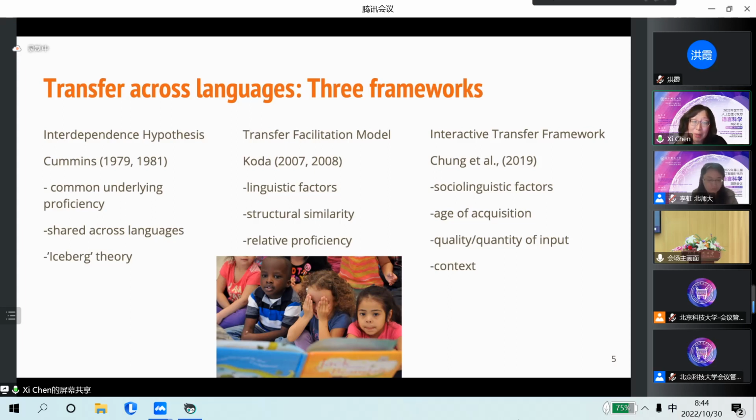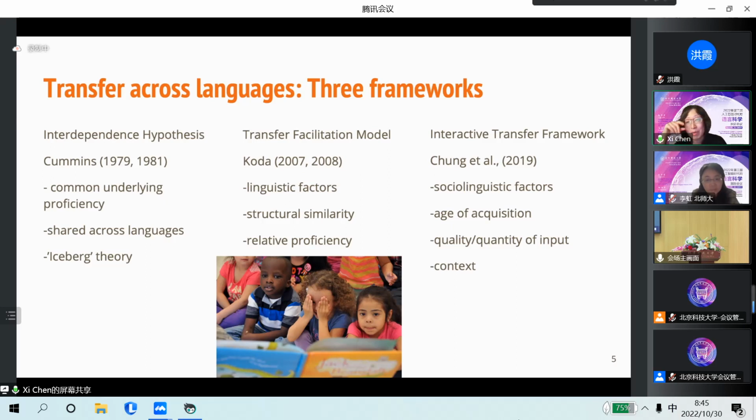At this time, you're more likely to see transfer from L1, the first language, to L2, the second language. In other words, they draw on skills already developed in their first language to support second language learning. But as they become more proficient second language learners or more balanced bilinguals, you may also see transfer from second language to the first language.